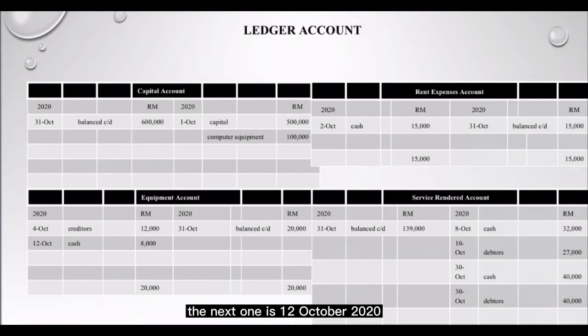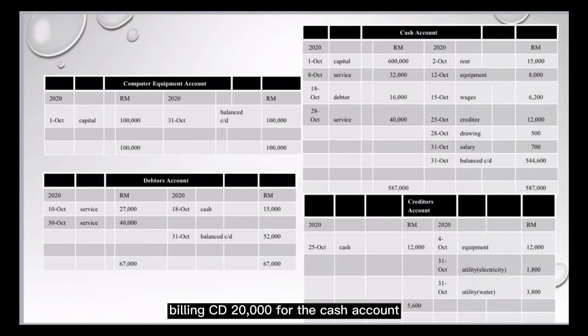The next one is 12 October 2020. The first one is equipment account. For the debit side 12 October cash 8,000 and the credit side 31st October balance CD 20,000. For the cash account, at the credit side 12 October equipment 8,000.